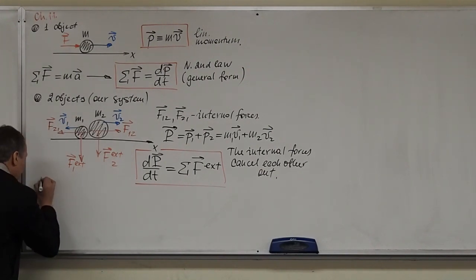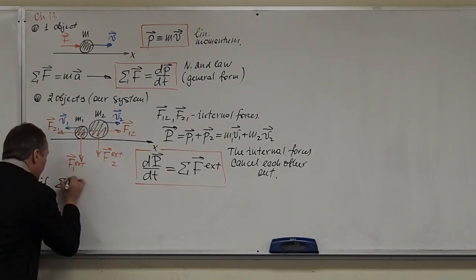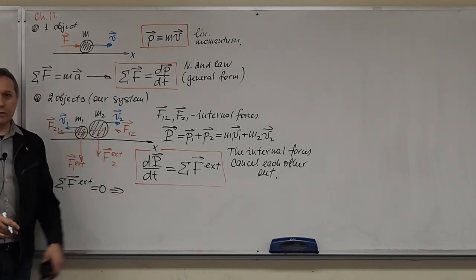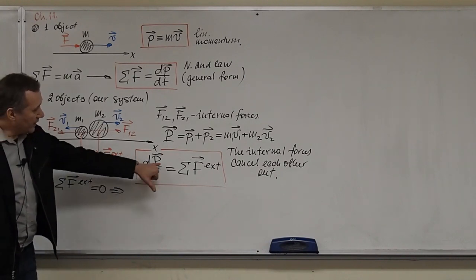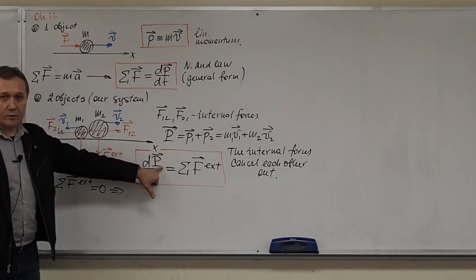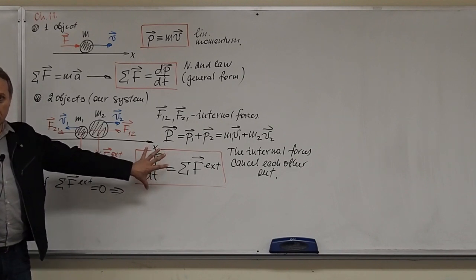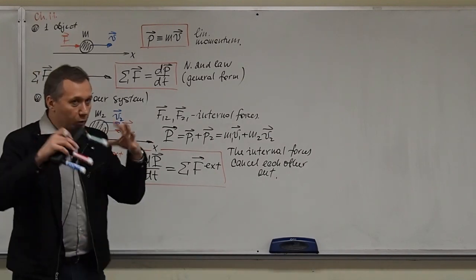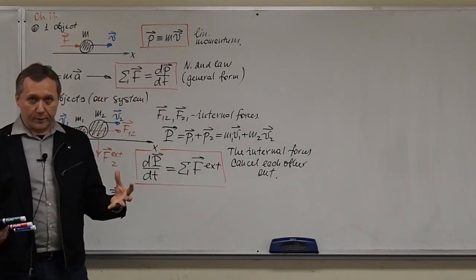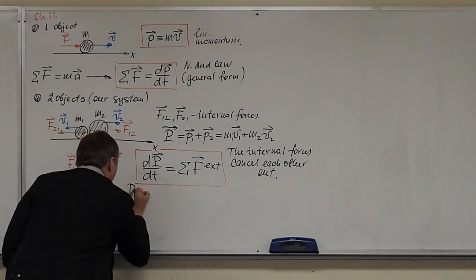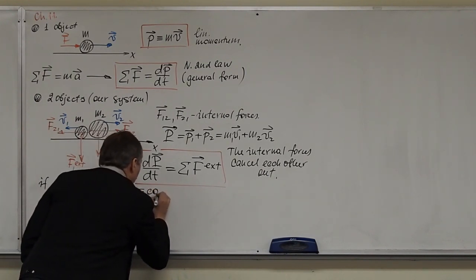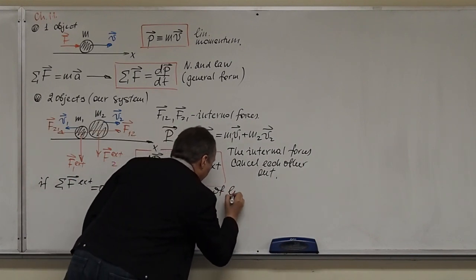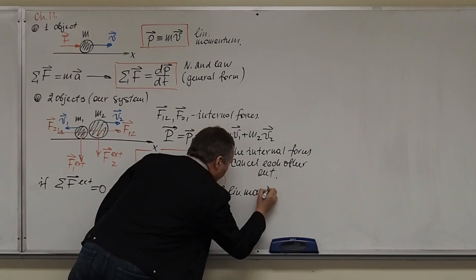So if the net external force equals 0, then the rate of change of the total linear momentum is 0, and it means that P, the total linear momentum, must be constant throughout the whole motion. It means that total linear momentum is preserved. So as a result, I can write that P is constant, which is conservation of linear momentum.